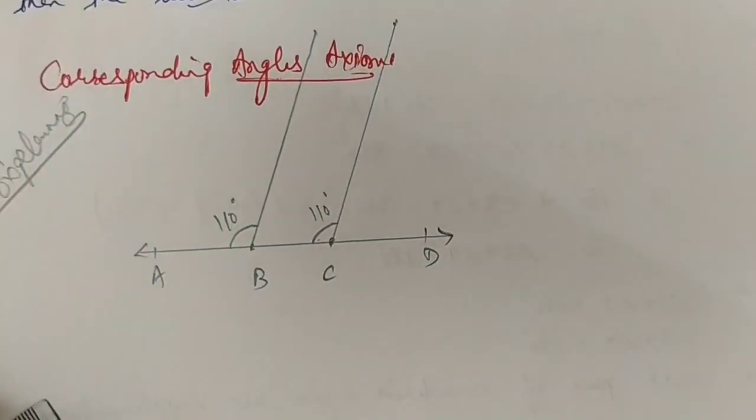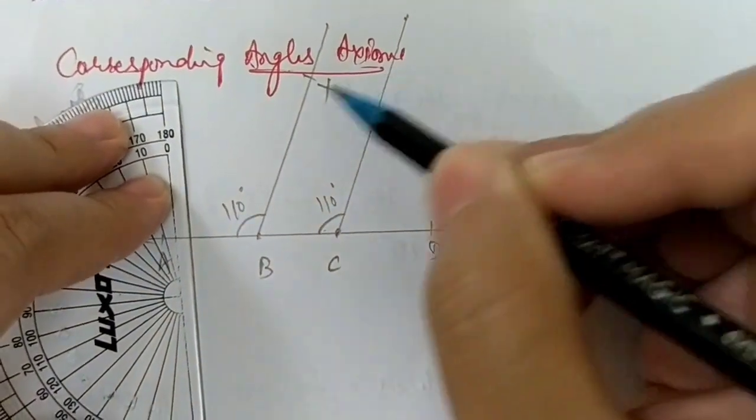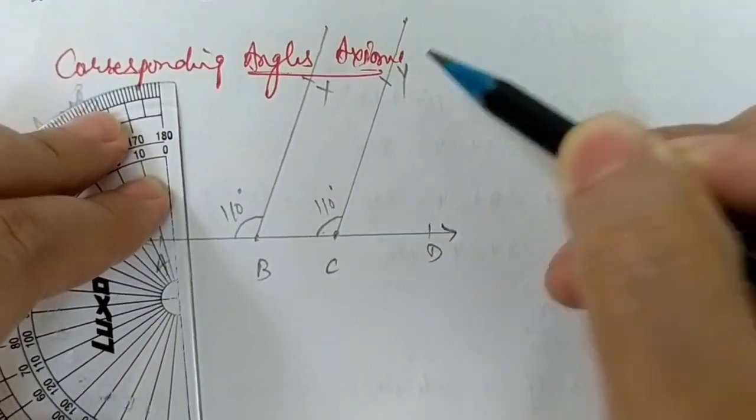Now if you will extend this line, let it be BX, XB, and it is YC.